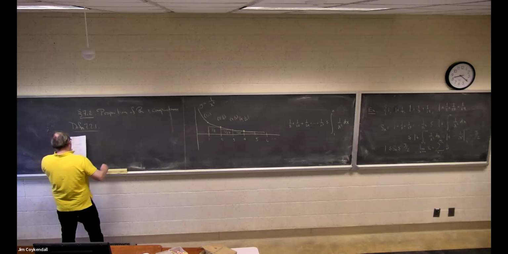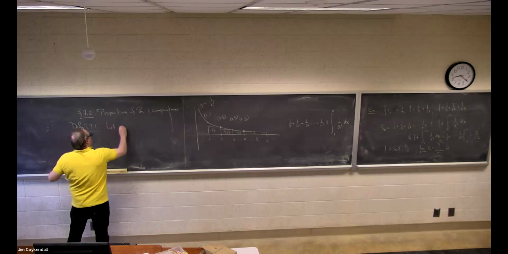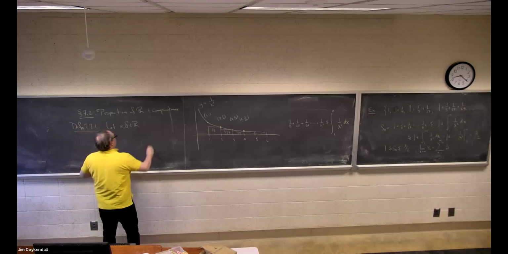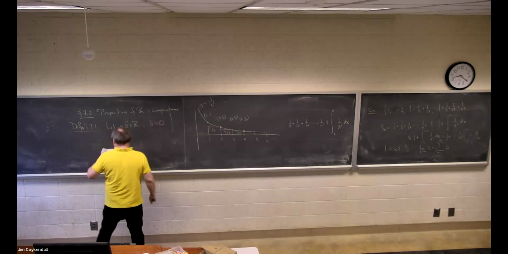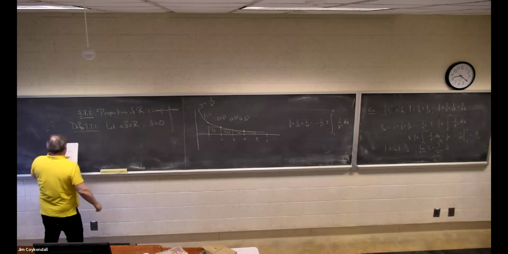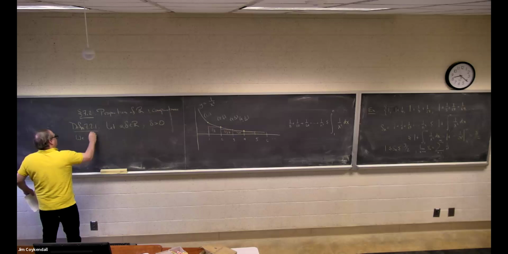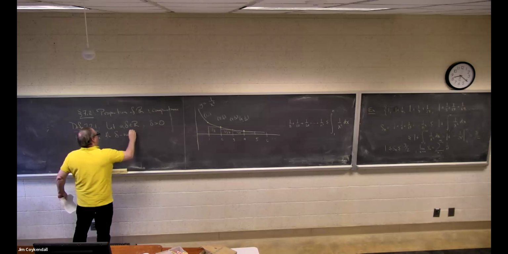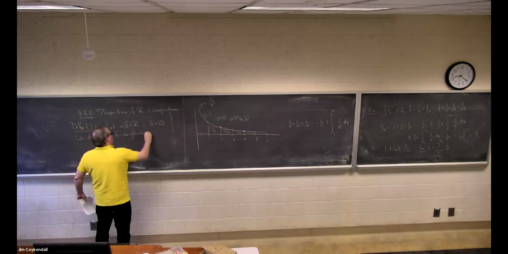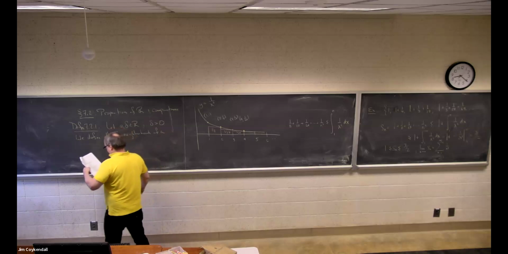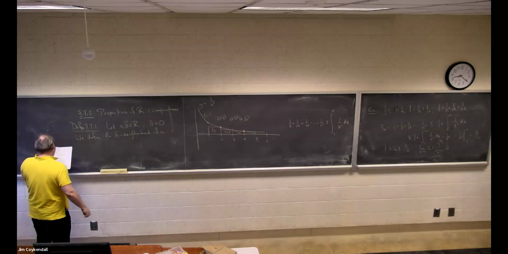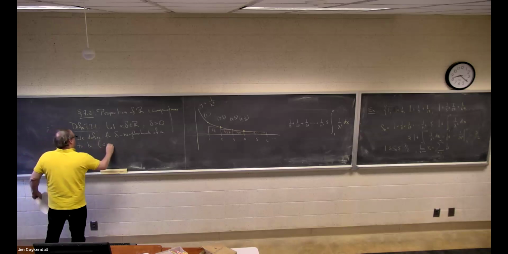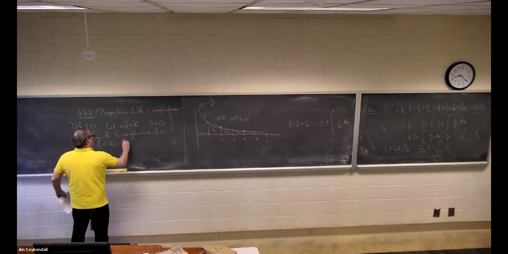Definition 7.2.1. Let a be in R, with delta bigger than 0. We define the delta neighborhood of a to be the interval (a minus delta, a plus delta).